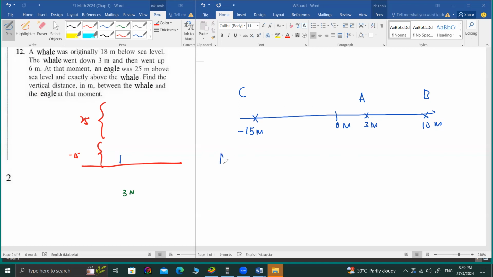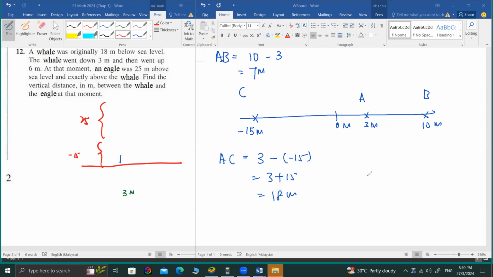If you want to show the solution, look at AB first. In exam, if you show the solution, big minus small. Big minus small, 7 meter. AC, big minus small. So 3 plus 15, 18 meter.